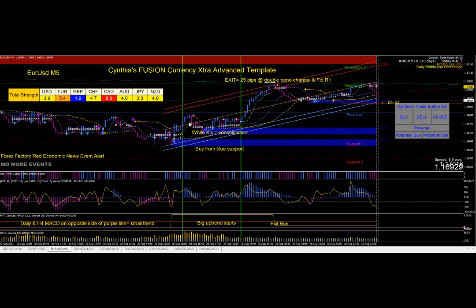Price is still above it. Price is still above this blue zone for support. Price is still above the gold Bollinger Band major trend line. And price has actually stayed above the middle Bollinger Band trend line. So there was no reason for you to exit out of panic.